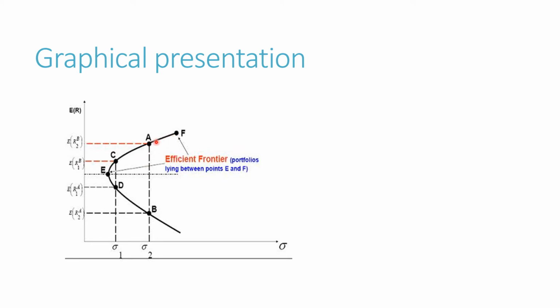The points drawn on this curve are efficient portfolios, and above these points, whatever points are there are not attainable. The investor is not going to get those returns at this level of risk. And below the frontier, whatever points are there are called inefficient, as the level of risk is more and returns are less.